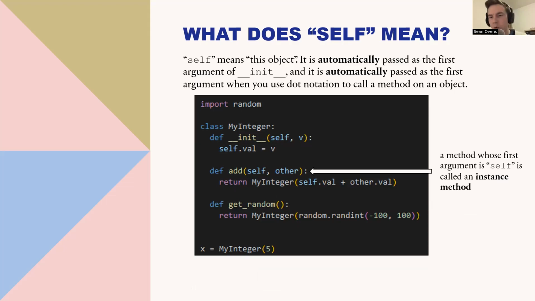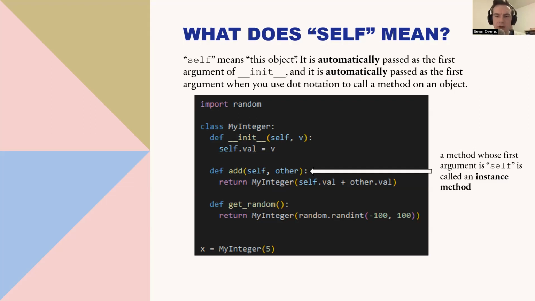Okay, just one more piece of vocabulary before we go to another exercise where you can practice these concepts yourself. A method whose first argument is self is called an instance method. Recall that instance attributes are pieces of information that are stored on an object by object basis. Instance methods are methods whose behaviors can differ depending on which specific object they're called on, right?